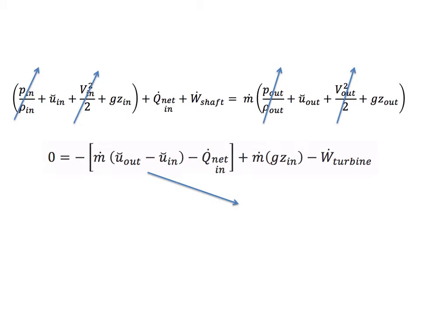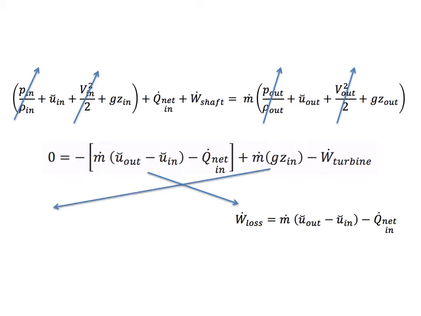This gives us the following equation. The first term in this equation is equal to the rate of work lost. The second term is equal to the rate of work done by the fluid. And the third term is the rate of work done by the turbine.